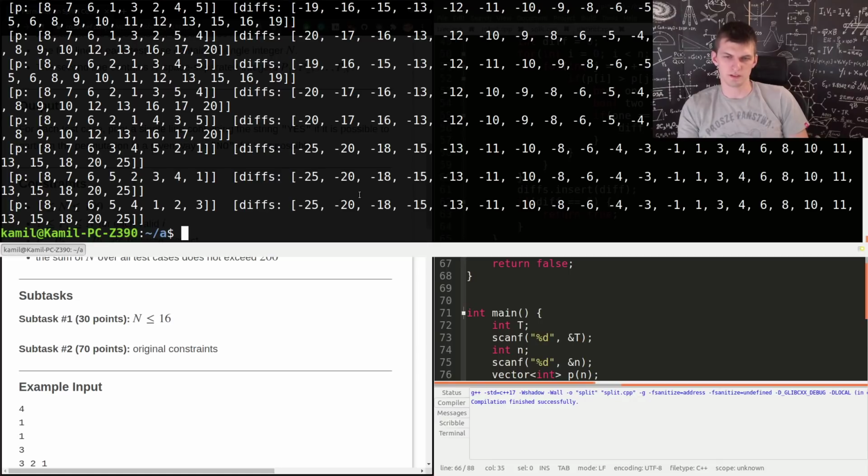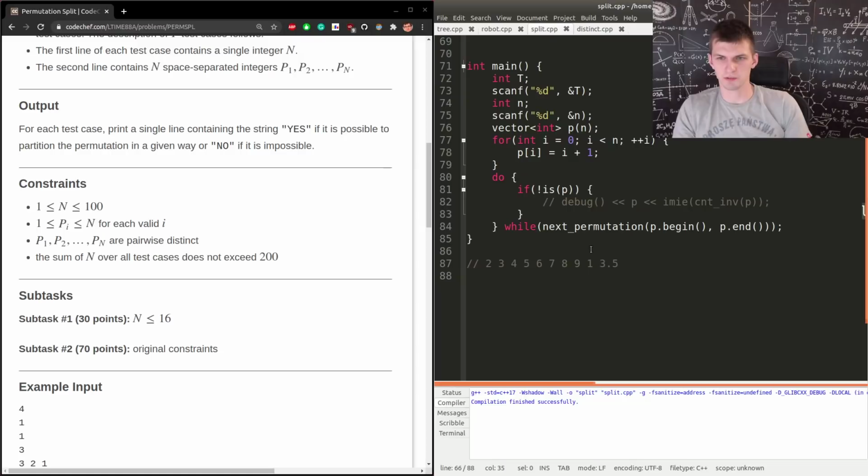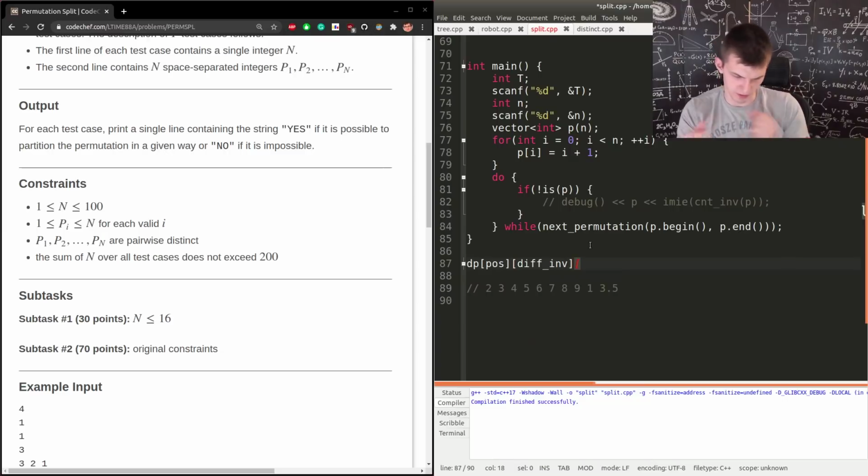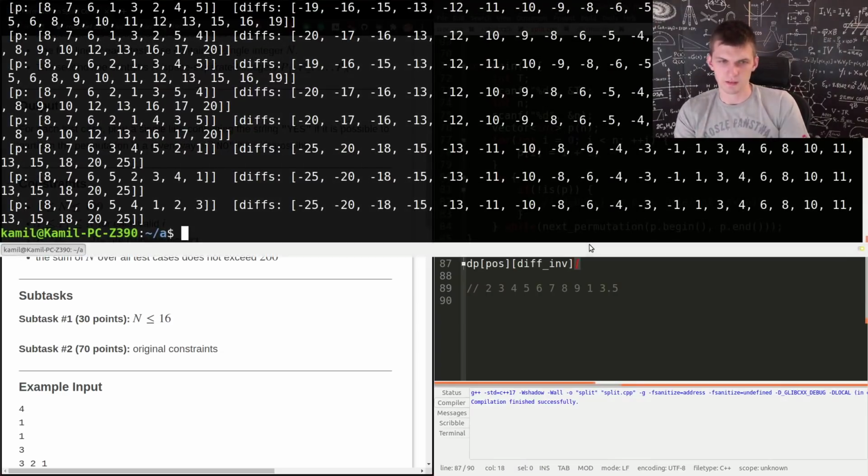What's really the state of dp? The position, the difference of the number of inversions, and the state is actually, like, if here I process this prefix of values 8765, then I care how many of them are taken to the first sequence.